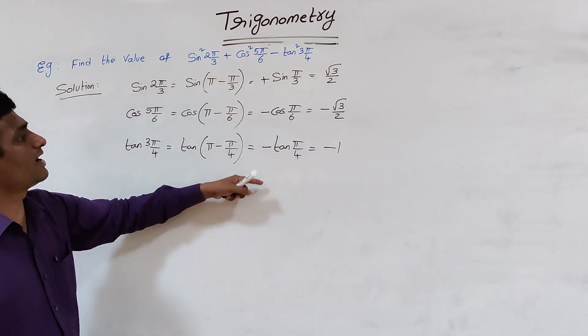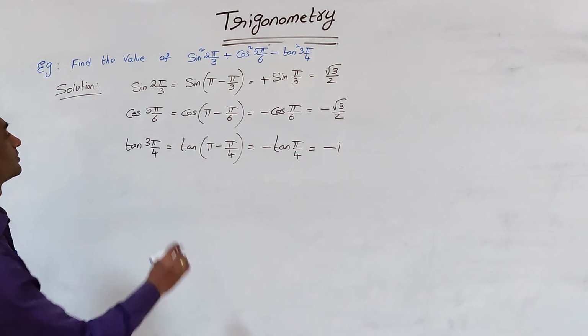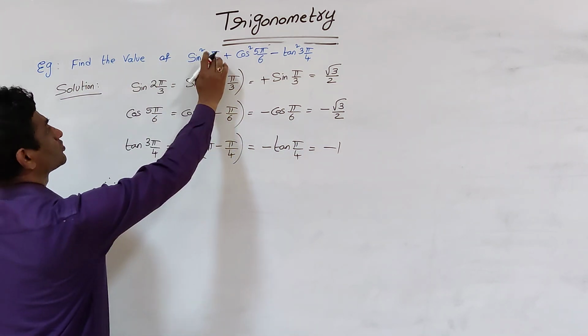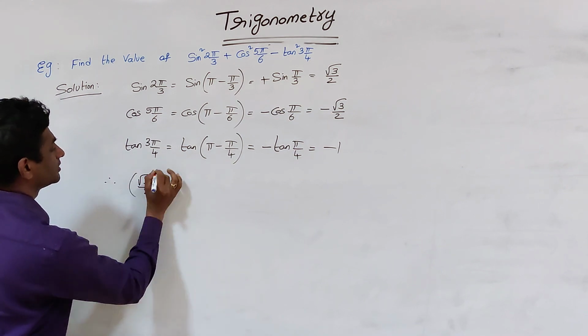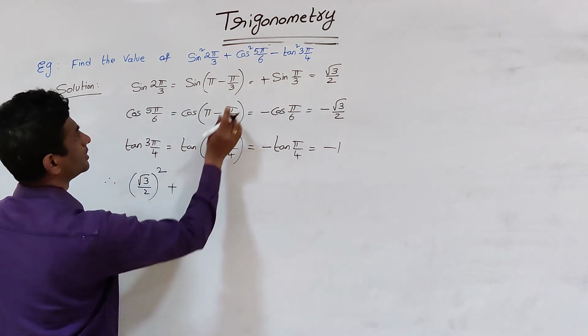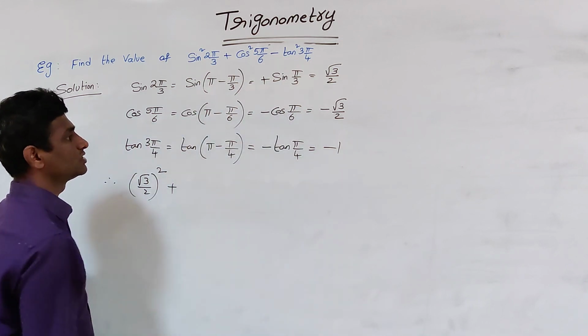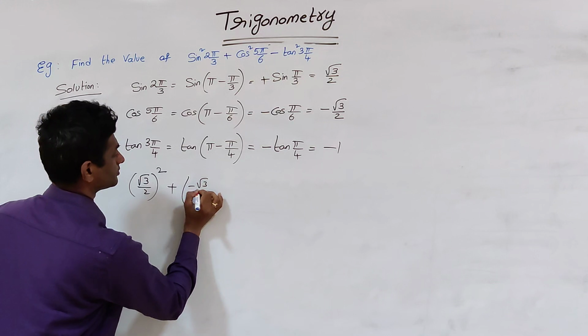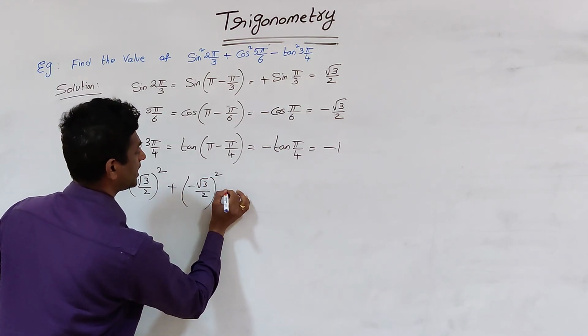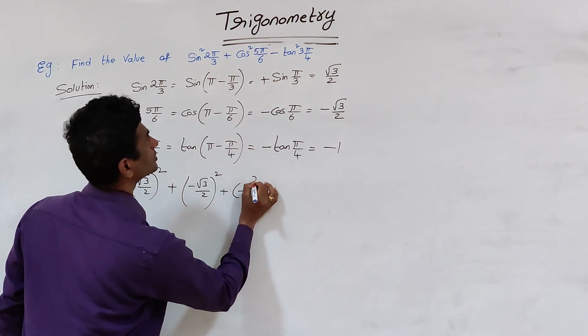Now substitute all the values in the given expression. Therefore, sin square 2 pi by 3 means root 3 by 2 whole square, plus cos pi by 6 is root 3 by 2, so root 3 by 2 whole square, plus minus 1 whole square.